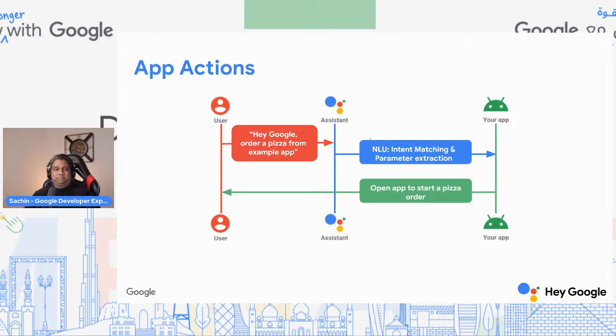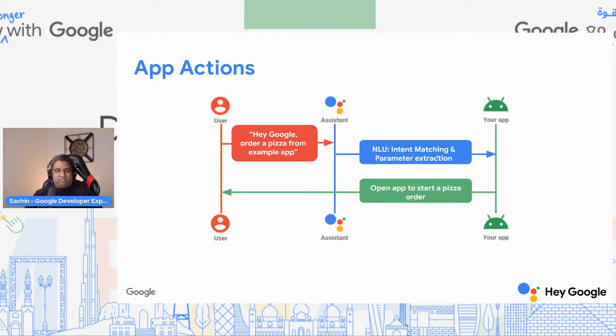As an example, what does that look like? You say, hey G, order a pizza from example application. If you had to do this the traditional way through the app, you would have to search for your app, find the example app, and then go through ordering a pizza. But right now, with just having a conversation, the assistant can bring it up.